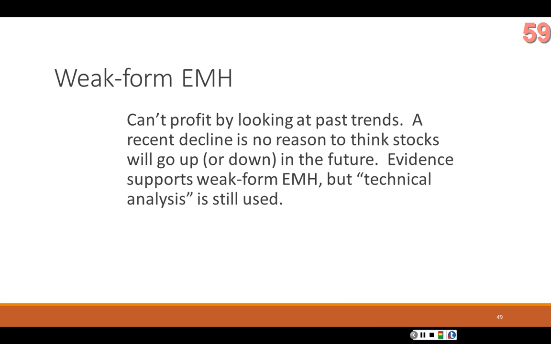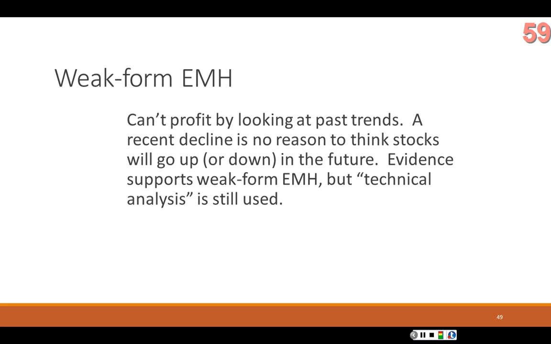There are three forms of the efficient markets hypothesis. First is weak form efficient markets hypothesis. If weak form efficient markets hypothesis were true, information about recent trends in stock prices would be of no use in selecting stock.